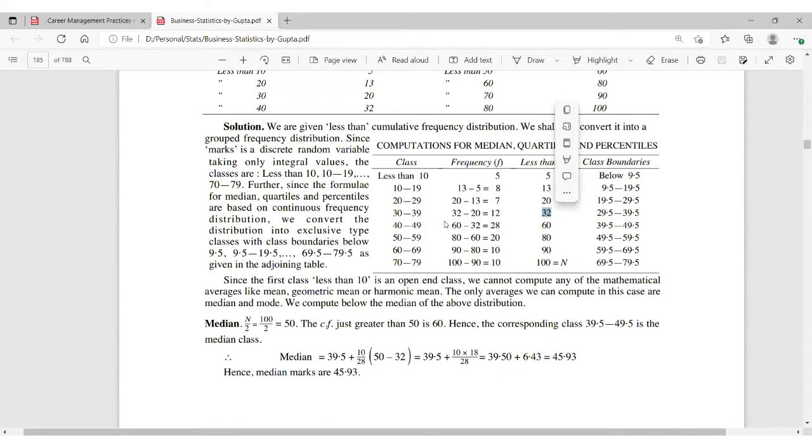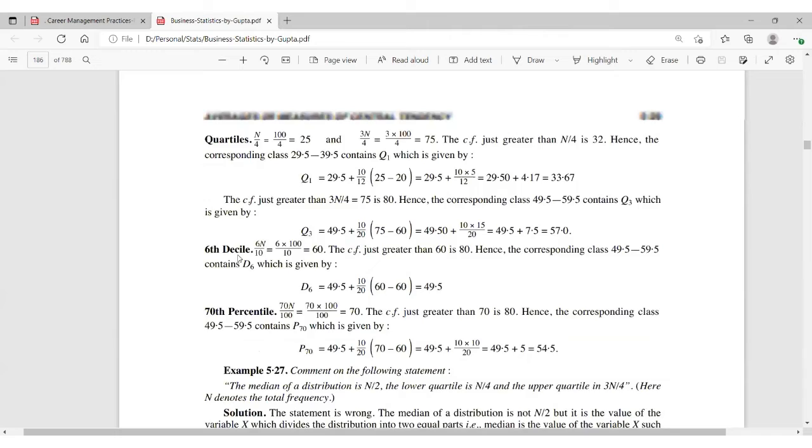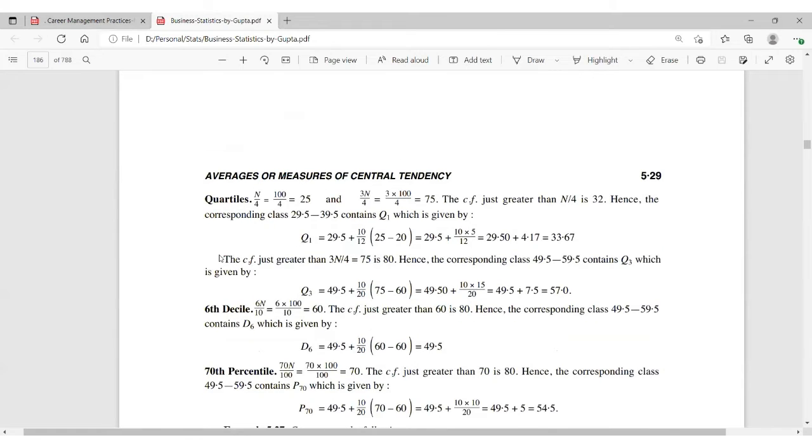Now, this becomes the quartile class. Right? Formula is same, whatever we did for the median.